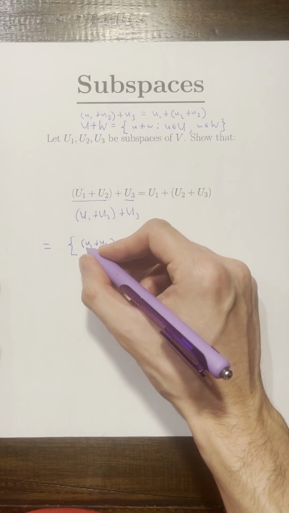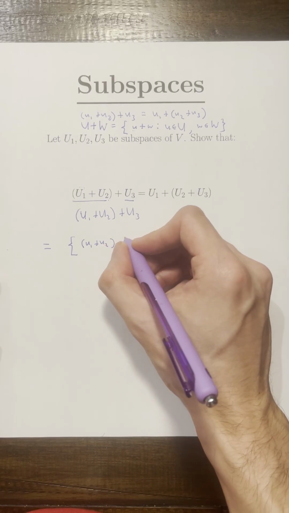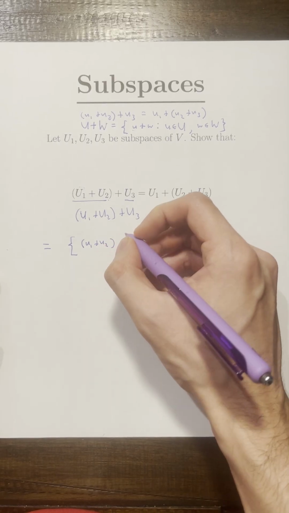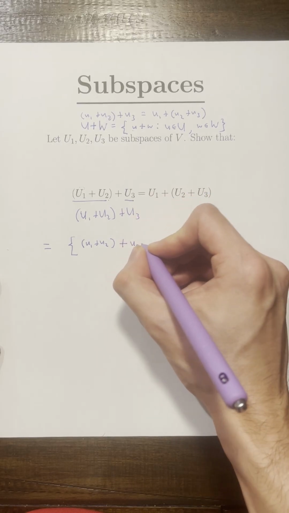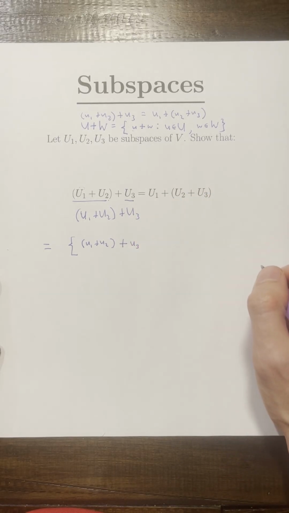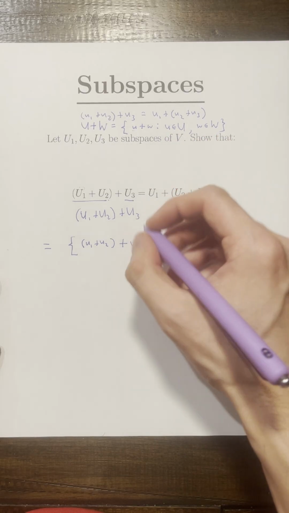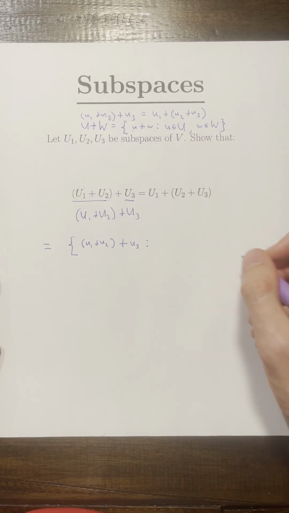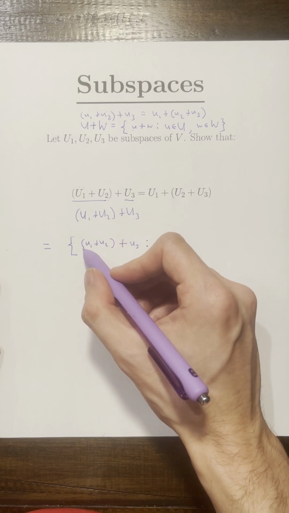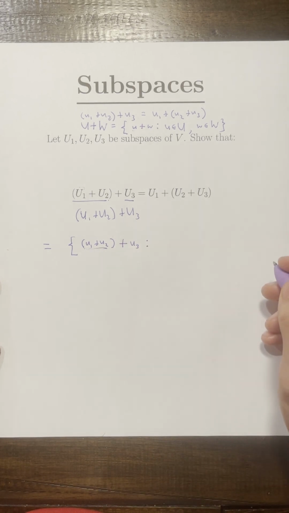Okay, so lowercase u1 plus lowercase u2 plus lowercase u3. Okay, what comes next? Such that, where does this belong?